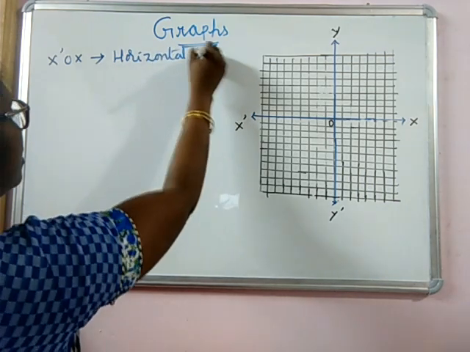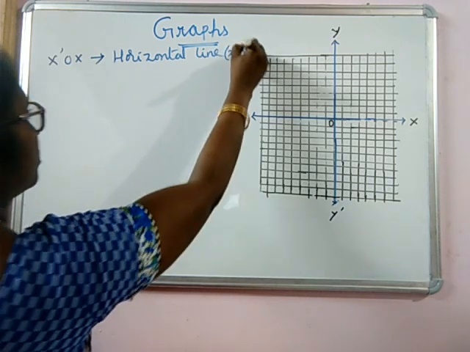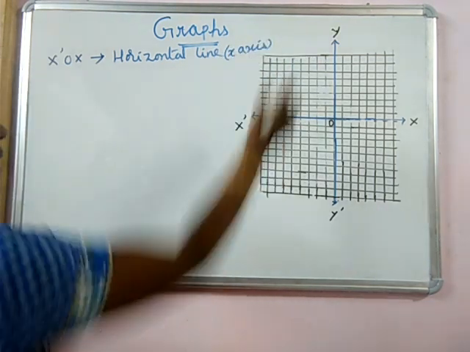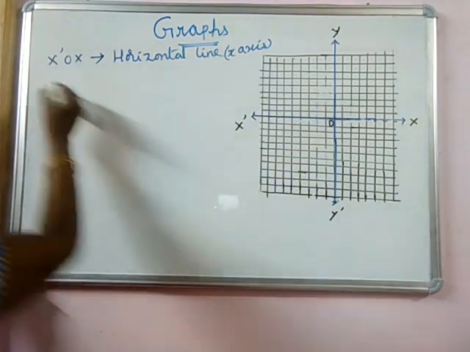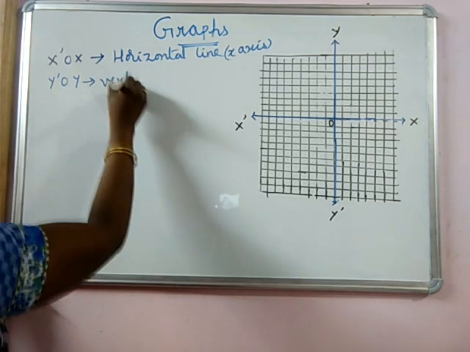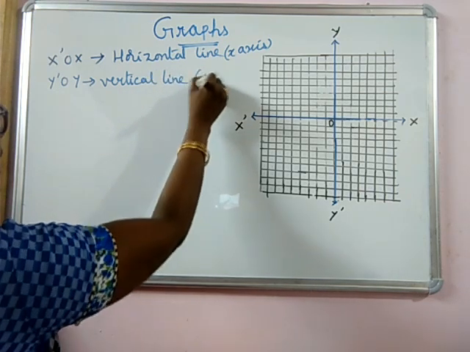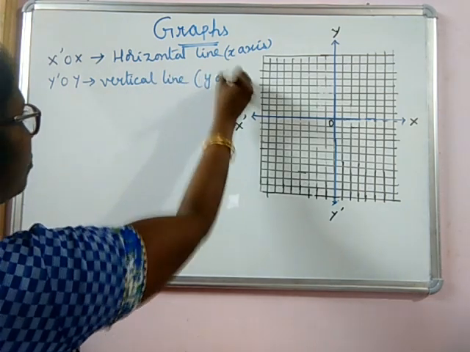Horizontal line, that is x-axis. And Y dash O Y is the vertical line, that is the y-axis. Okay?